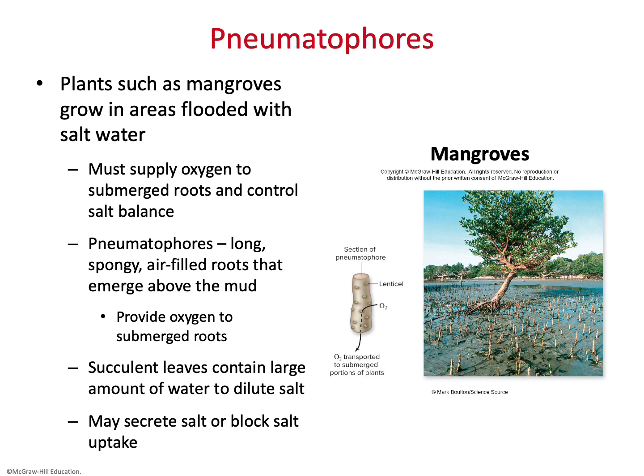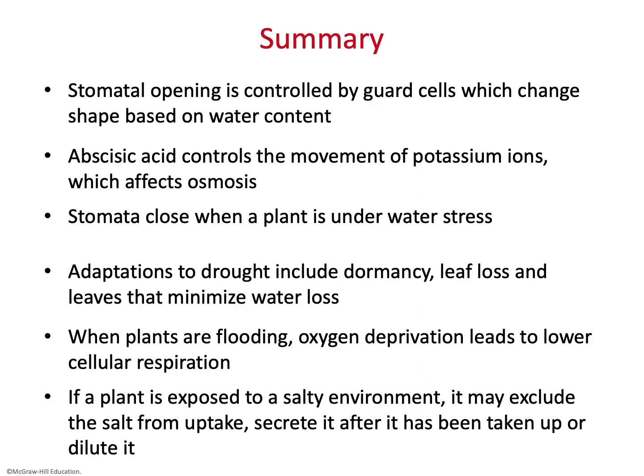They also can secrete salt and block salt uptake at the root level. So these are some of the adaptations that mangrove plants have to tolerate salt. We talked about how plants are adapted to drought, to flooding, and to salt concentration.